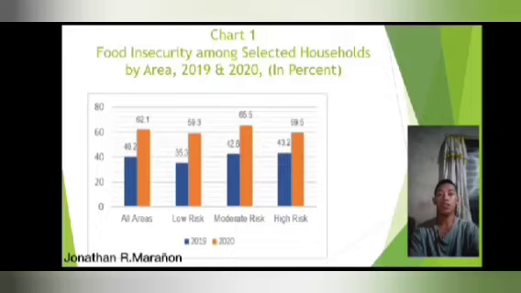And food insecurity among households in all areas increased by 21.9 percentage points from 2019. Families in low-risk areas had the highest increase at 24.0 percentage points, followed by families in moderate risk areas at 22.9 percentage points.